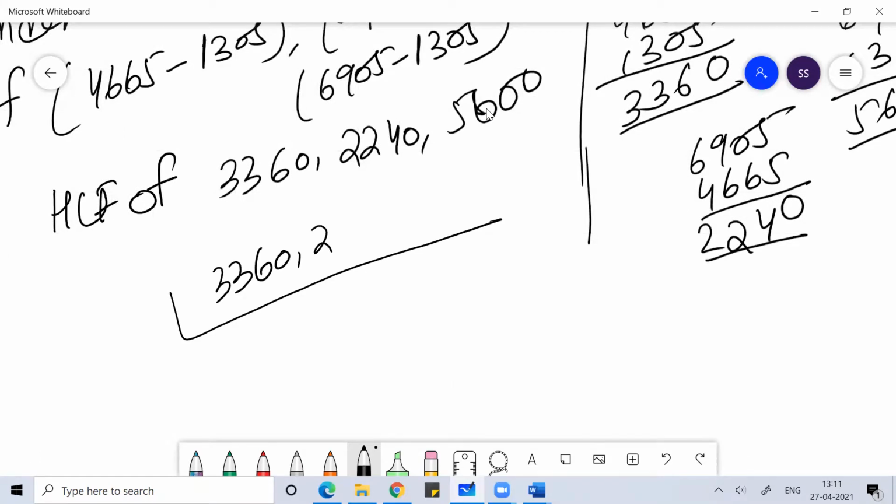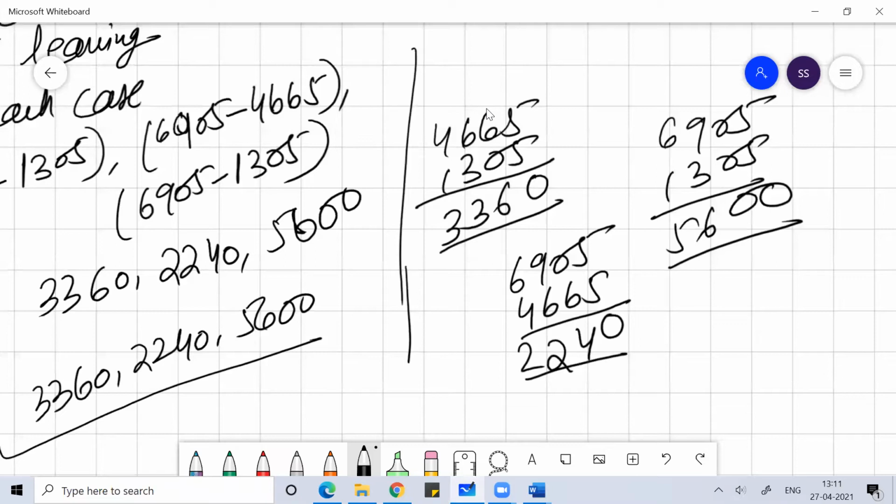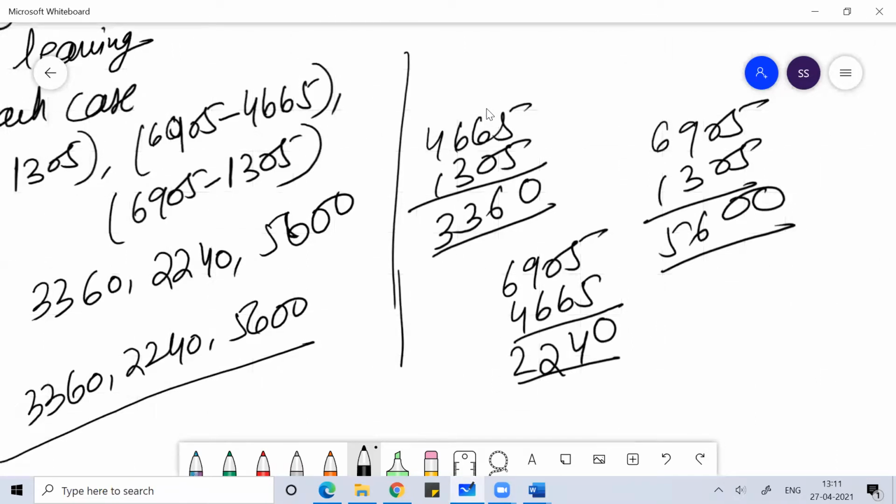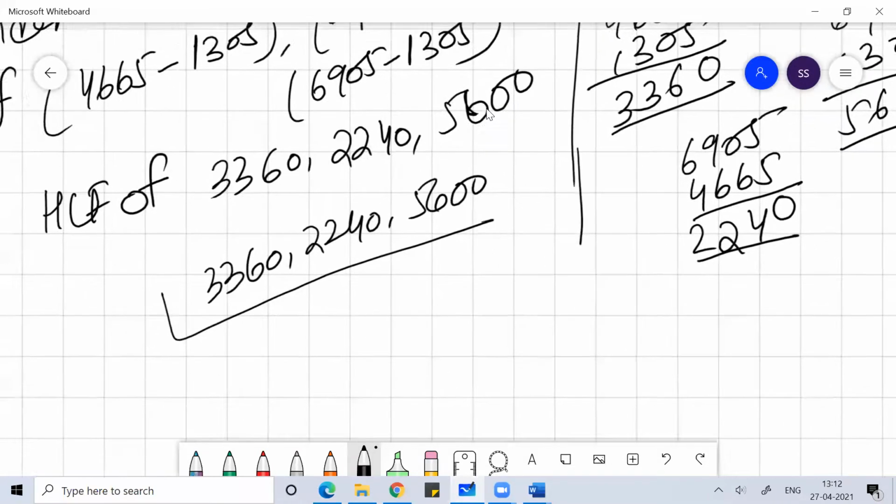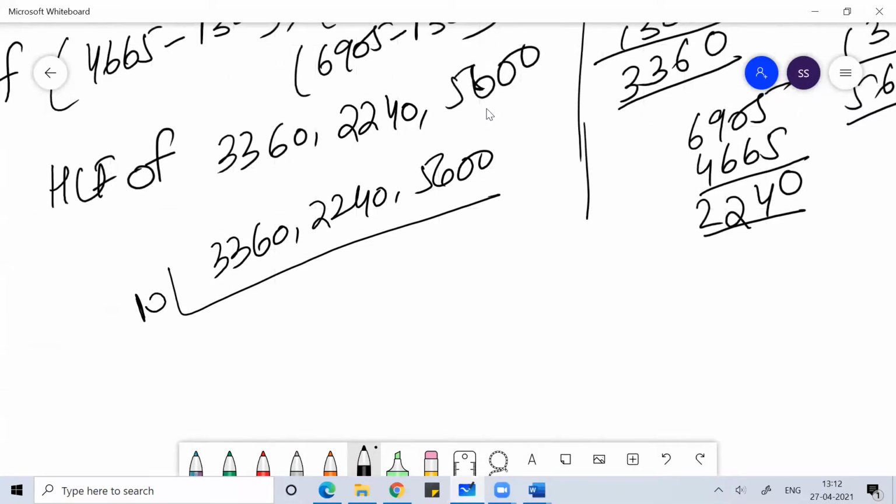So 3360, 2240 and 5600. I hope there's no calculation mistake, just check that. So you find the HCF of this, that is your answer. You can divide by 10: this is 336, 224 and 560. Will it go by 8?